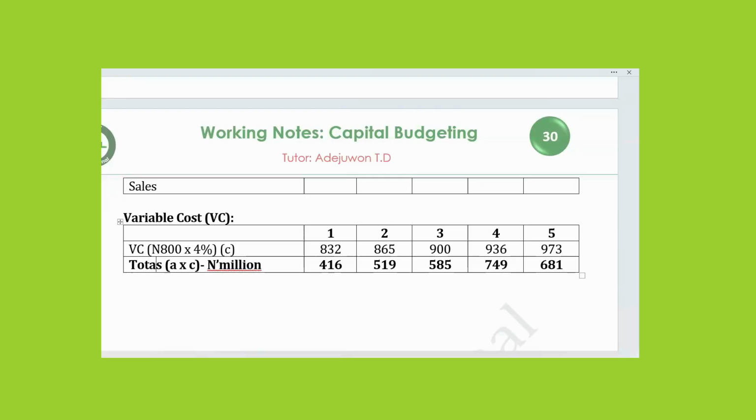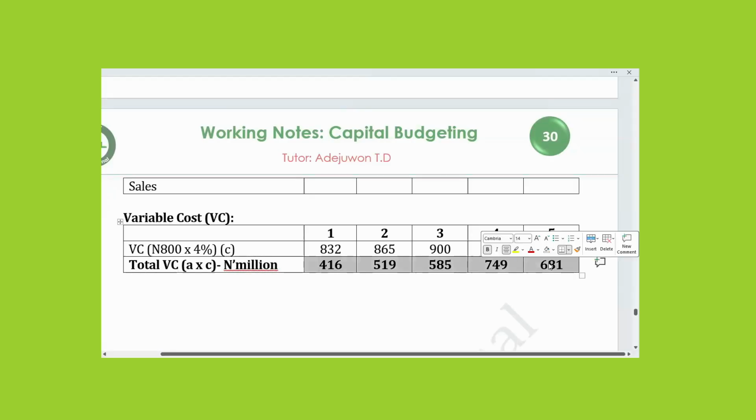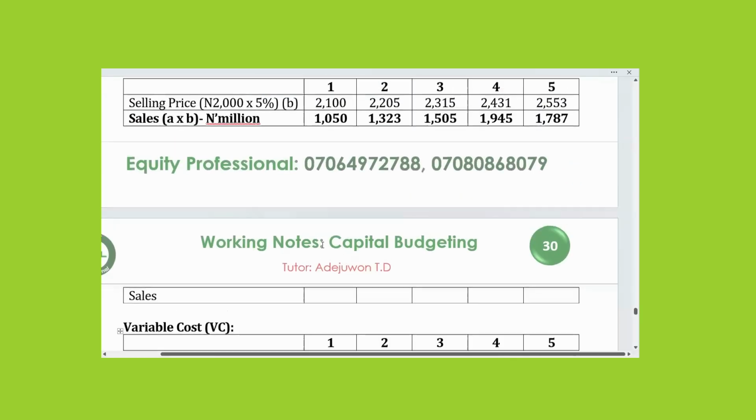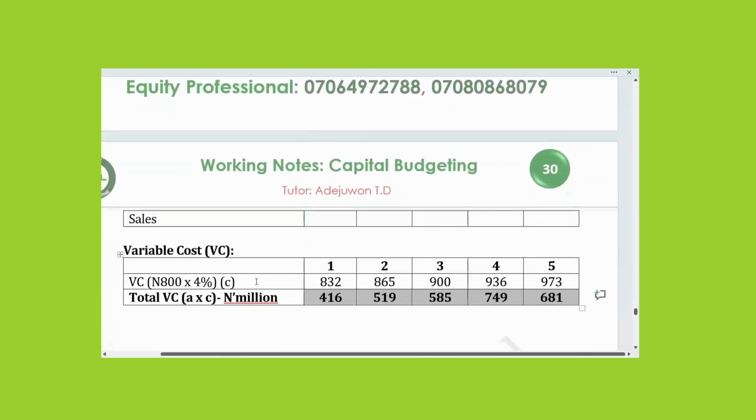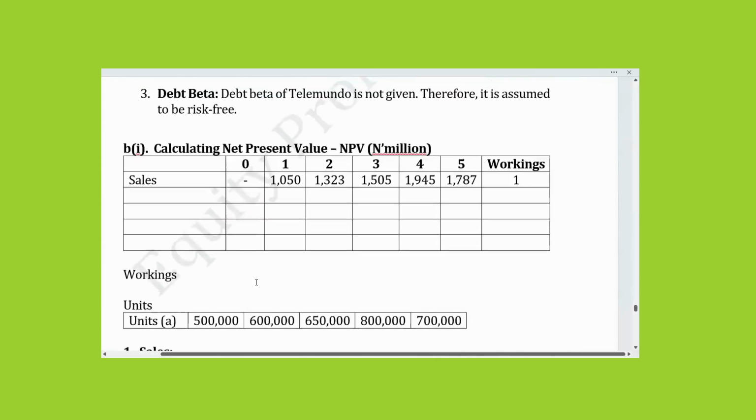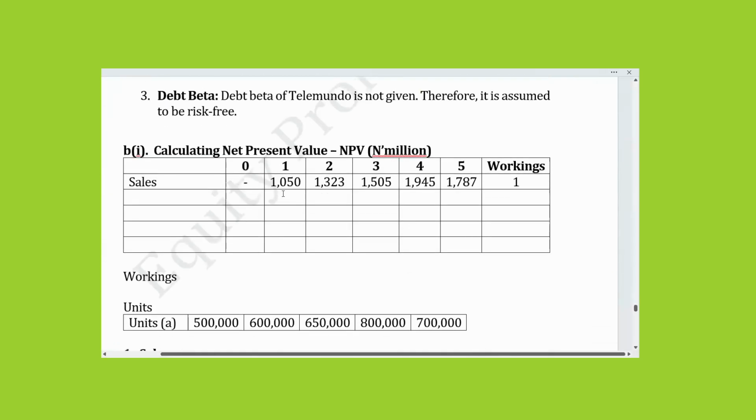Total variable cost, BC. All right, so I will then go and post this. With this, I've incorporated inflation in the variable cost. Let me remove the board. All right, so variable cost is a cash outflow.